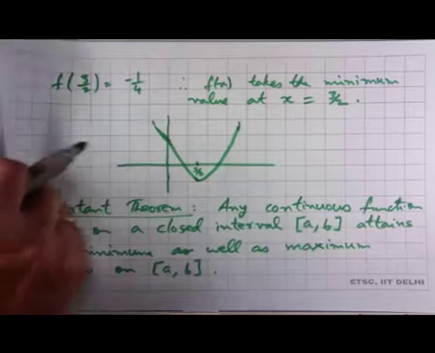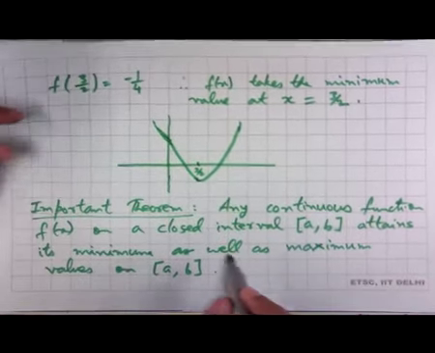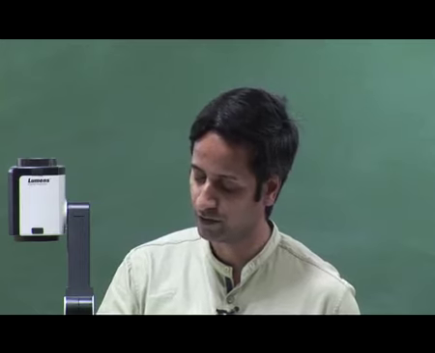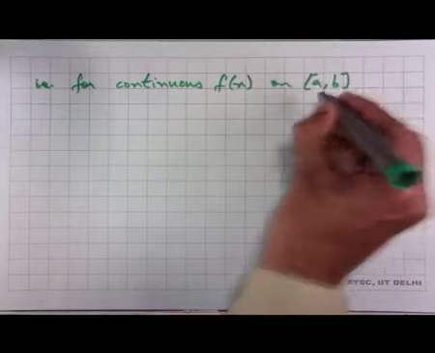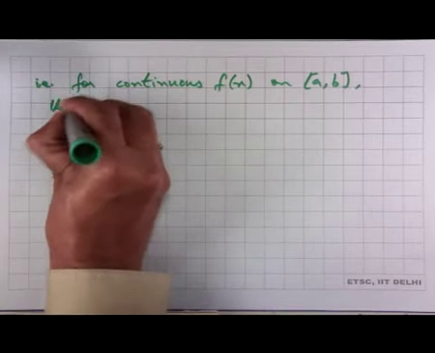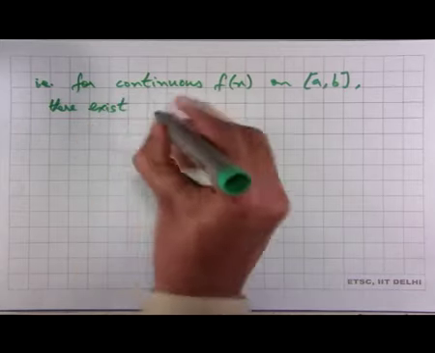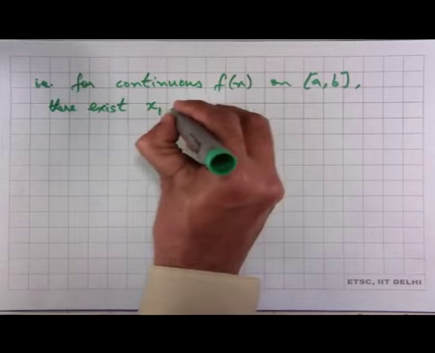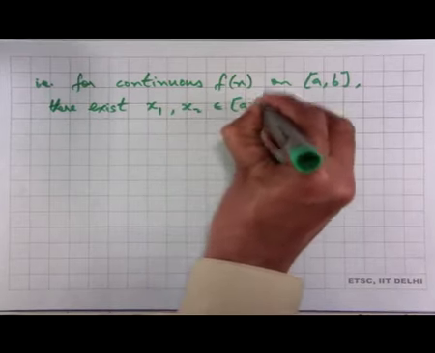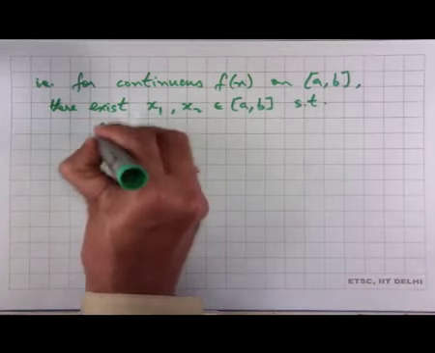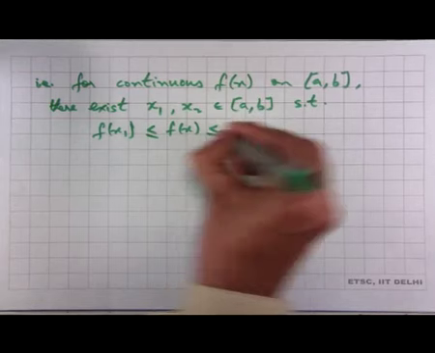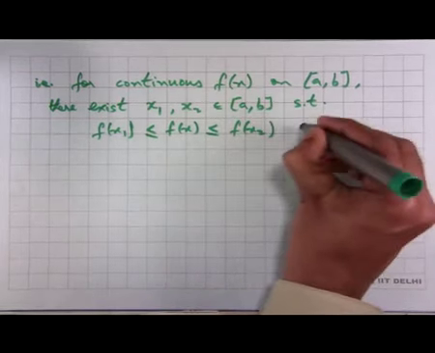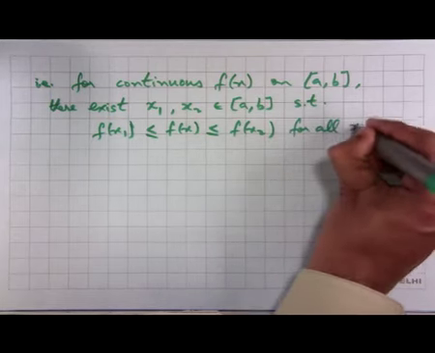So, what this is saying is that if we have any closed interval a b and the function is continuous, then there exists, that is for continuous f of x on closed interval a b, there exists some x1 and x2 in this a b such that f of x1 is always less than or equal to f of x and f of x is less than or equal to f of x2 for all x belonging to a b.